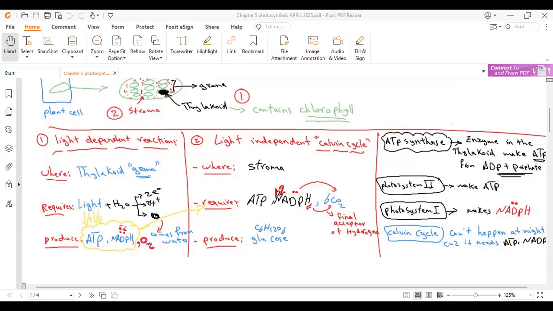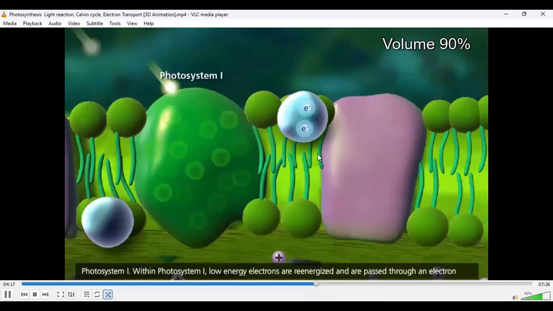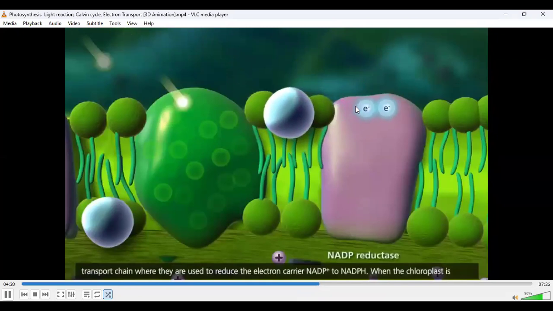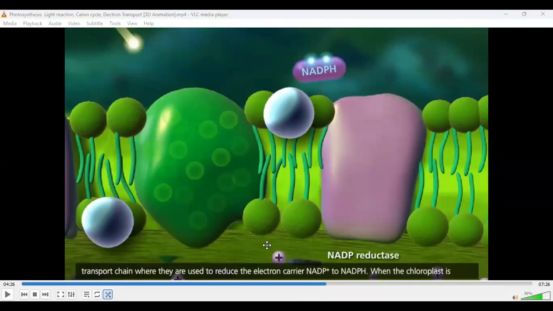We energized the electrons, and here we go. See? So in the photosynthesis, NADPH is used to carry energized electrons.